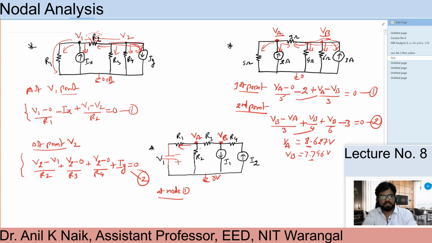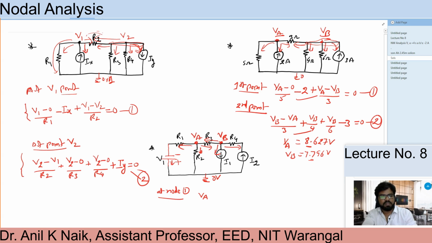So mark the directions here. These are the directions with respect to this point, and with respect to this point, this is the direction. Take the first point here. I can write VA. Whether I have to write minus or plus here, that is the question. Because at this moment my voltage source is minus and plus, according to this sign convention this is the direction of current with respect to this source.